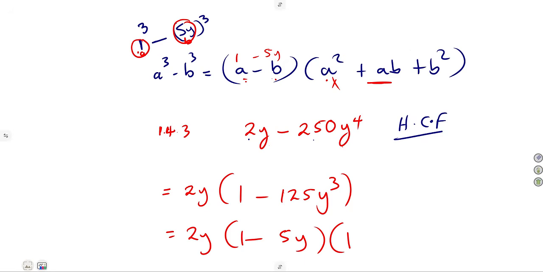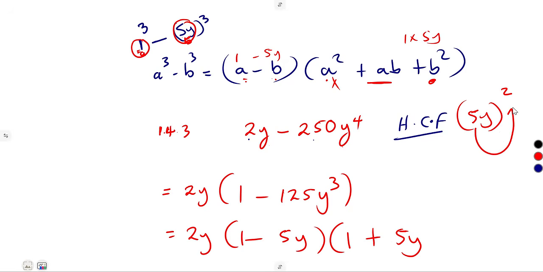AB, what does it simply mean? You multiply your a to your b. 1 times 5y. 1 times 5y is what? It's 5y. So that's plus 5y there. Then plus b squared. The b is what? Is 5y. So 5y squared. That's what? 5 to the exponent of 2, which is 25, y to the exponent of 2, which is y squared, like that.